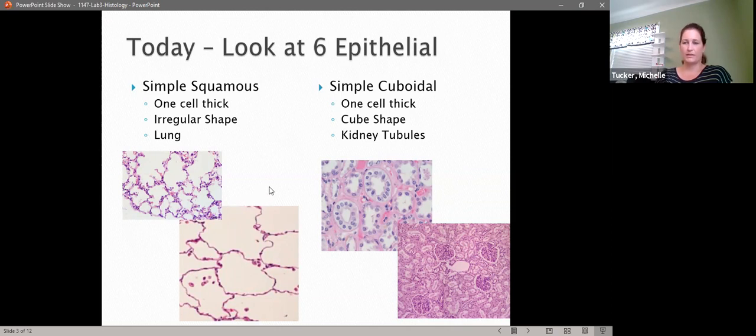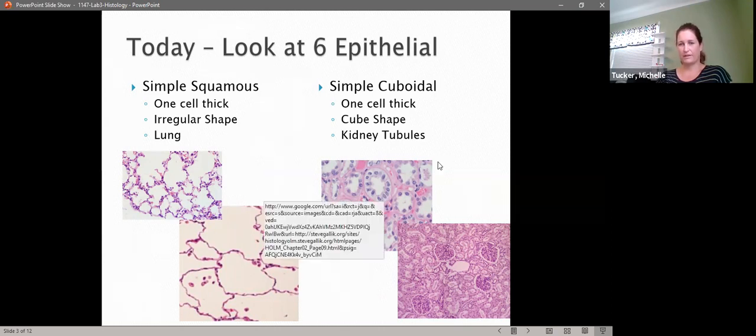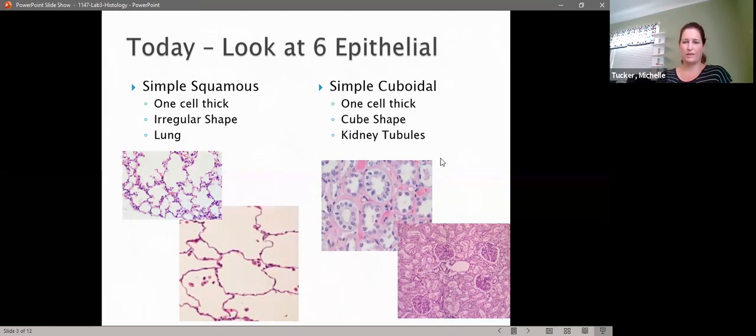For simple cuboidal, this slide here is really a textbook one. It doesn't look like that in real life. This is the slide that you would see in real life, taken from I would guess probably a monkey, maybe guinea pig, I don't know.